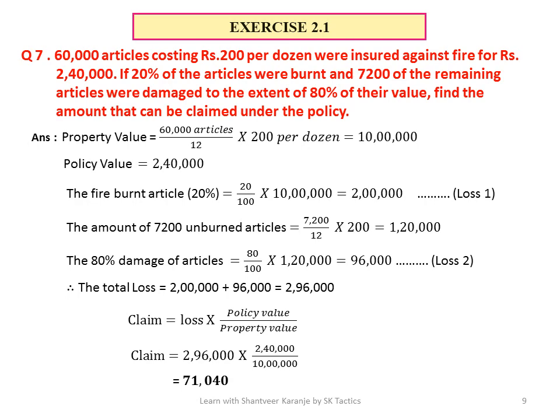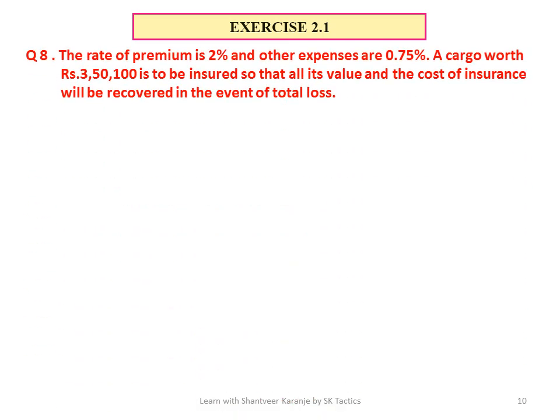Next question, the 8th question of this exercise: the rate of premium is 2% and other expenses are 0.75%. There are two types of expenses here. A cargo worth rupees 3,50,100 is to be insured so that all its value and the cost of insurance will be covered in the event of total loss.